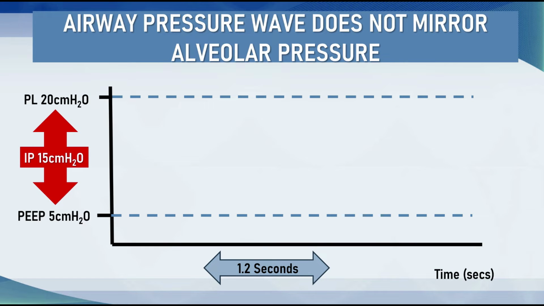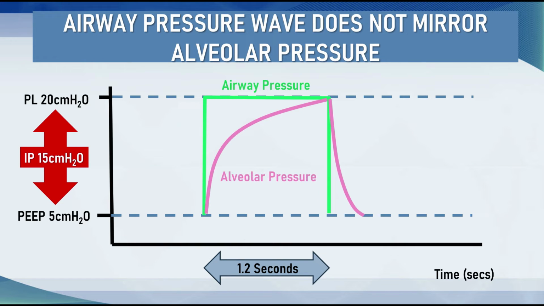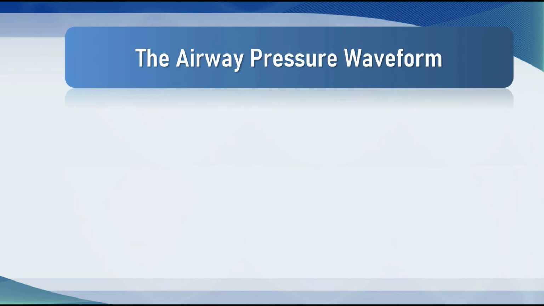One thing that you should understand is that although the airway pressure waveform may be flat topped and square shaped, that is not a direct representation of the increase in alveolar pressure. And that looks like this. Regardless of the shape of the pressure waveform, whether it's square shaped or triangular shaped, associated with decelerating flow or constant flow respectively, the alveolar pressure change is the same, and there is no evidence of improved outcome using decelerating flow versus constant flow.